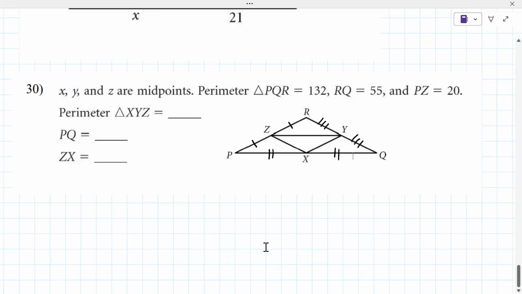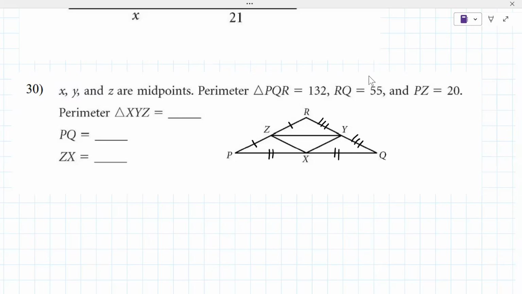They're congruent, so the same. They have to add up to 55. So how do you solve that? Just divide.